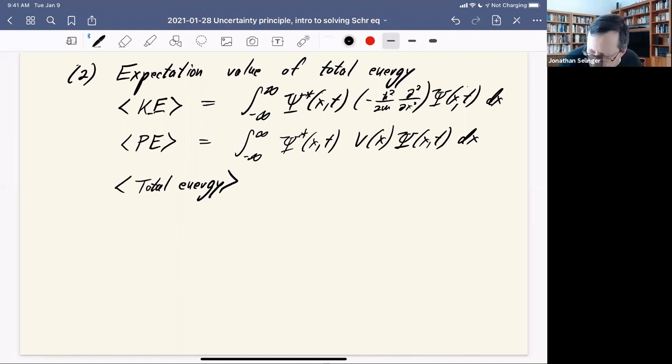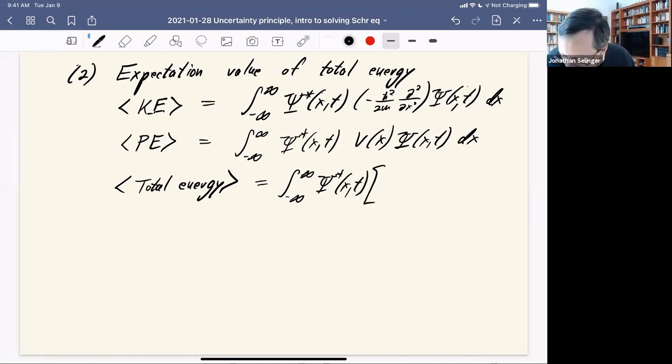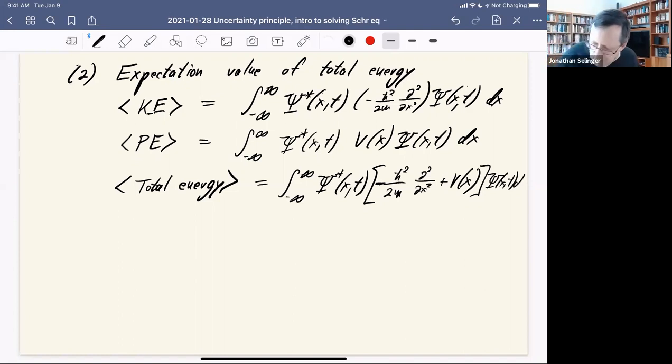The average of the total energy is the sum of these two things: minus h bar squared over 2m times this second derivative plus V of x, psi of x and t dx.